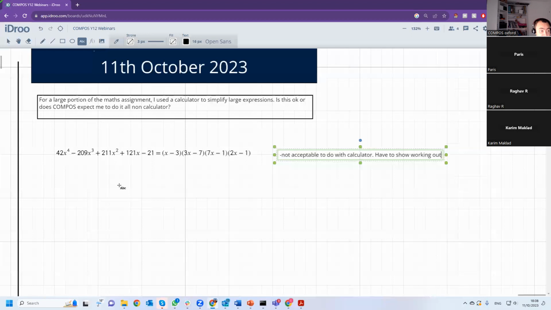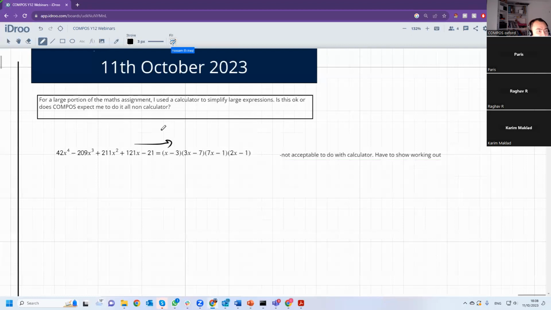But if you're doing it the other way around, I don't see a problem with that. Something that involves basic multiplication is fine, but factorizing an expression is very difficult, so it's not acceptable to do it with a calculator. Opening brackets is perfectly fine, and you can check yourself with a calculator.